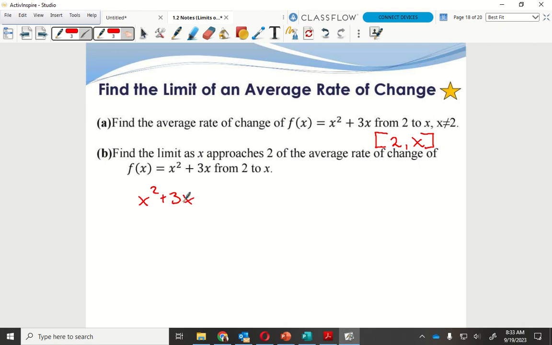So it's basically just my function, plug in my x, minus f of a, so that's going to be 2 squared plus 3 times 2. That's going to give me positive 10. Very good. So it's going to be like this, and over b minus a.